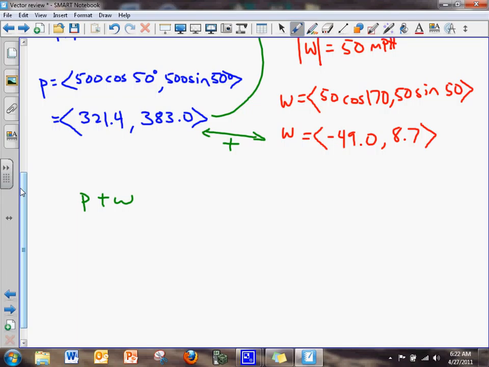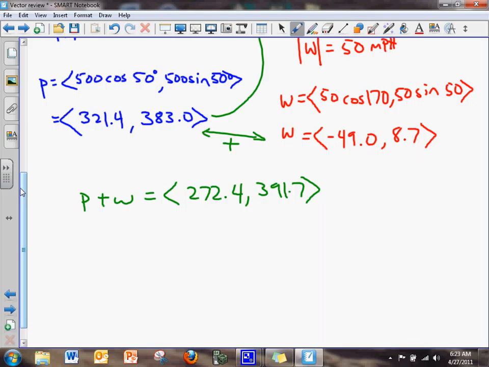Adding the horizontal components together gives 272.4. And then I add the vertical components together, 391.7.